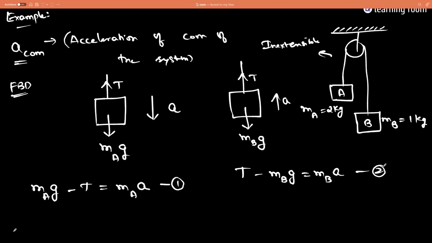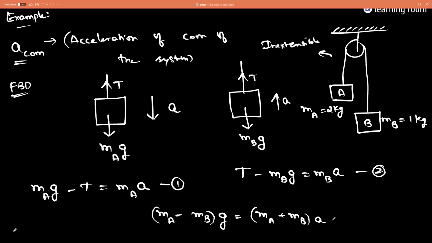Now you add the first and the second equation, and you will get (M_A minus M_B) g equal to (M_A plus M_B) a.